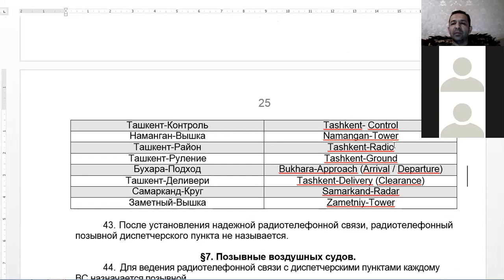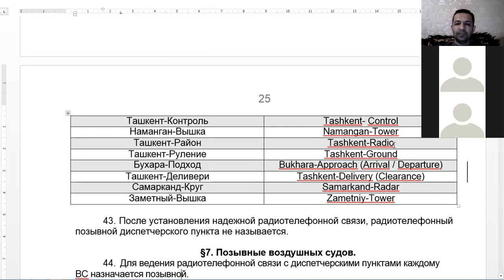For example, control in the Tashkent zone can be called Tashkent control; Namangan control, Namangan tower; Tashkent radio, Tashkent ground; Bukhara approach, Bukhara tower. So it is also allowable to name control units with the name of a town or location.